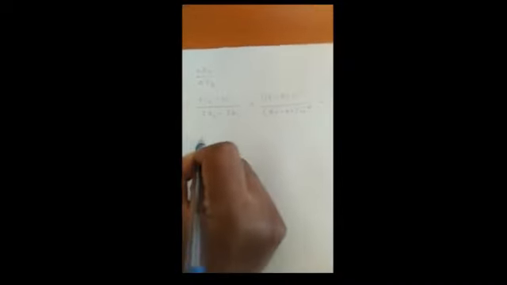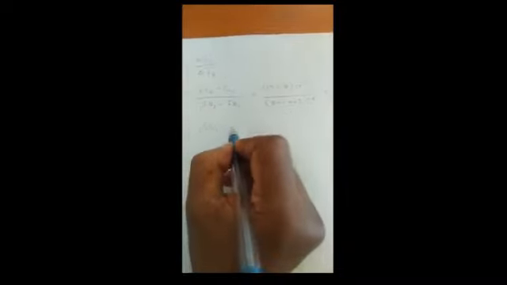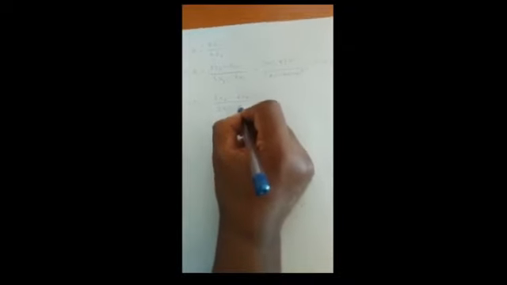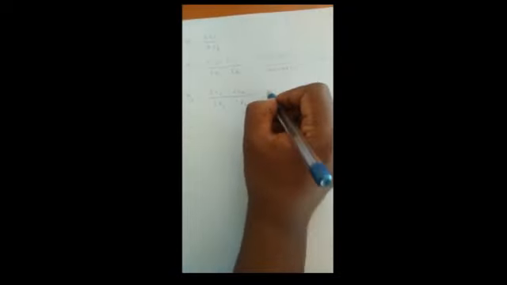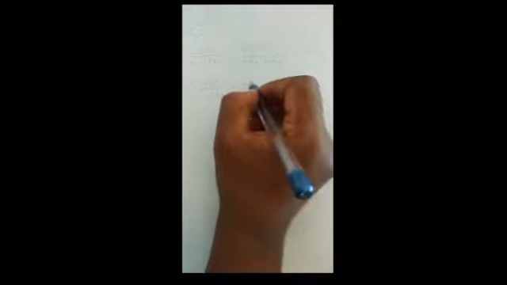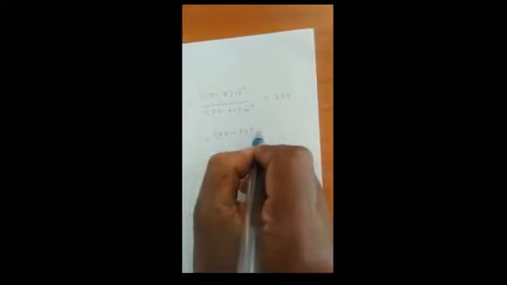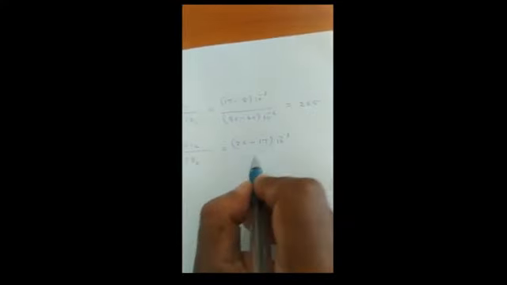Similarly, beta 2 is given by IC3 minus IC2 divided by IB3 minus IB2. So which is equal to IC3 is 25 minus 17 into 10 to the power minus 3, that is milliamps.